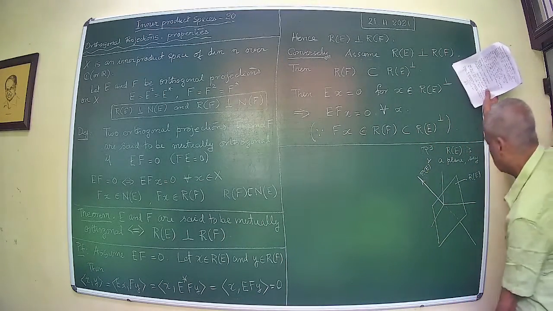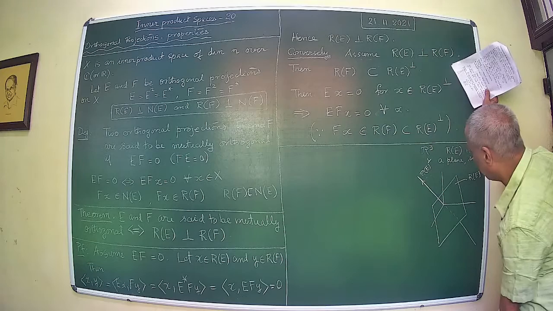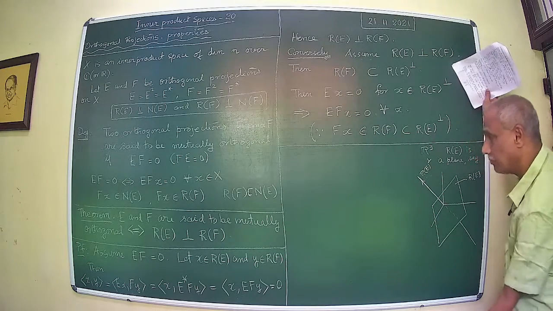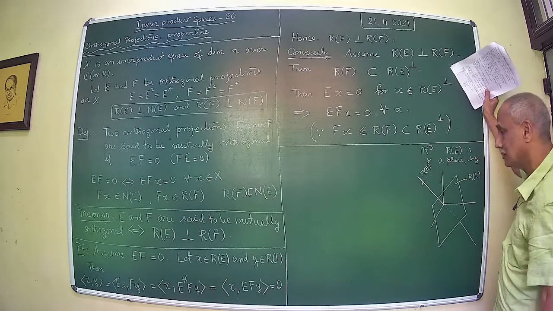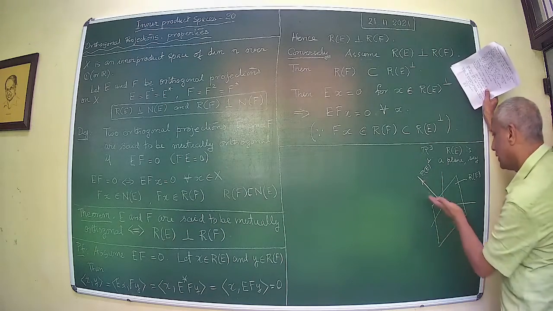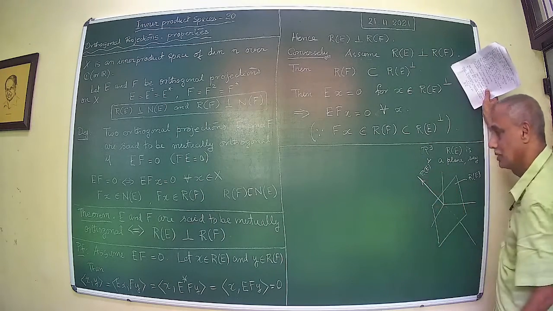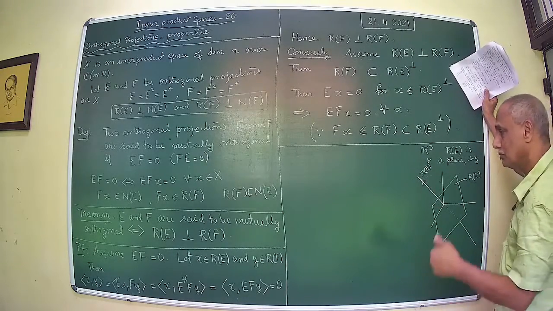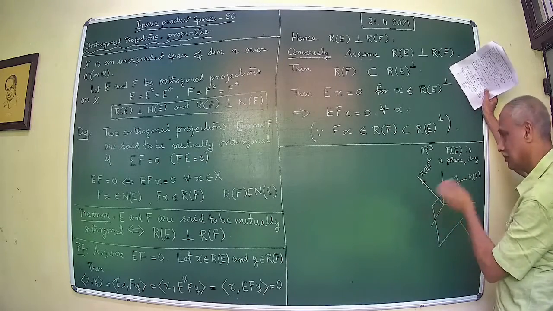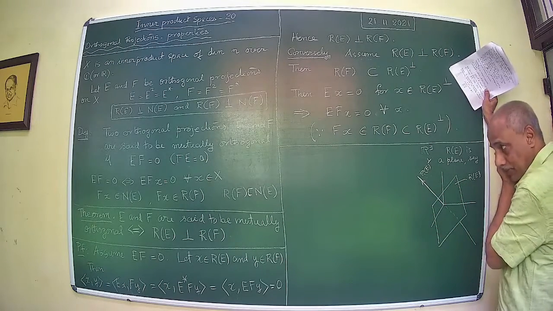If RE is perpendicular to RF in this case, you see that RE perp has to be equal to RF. It's a very simple scenario that you are taking.